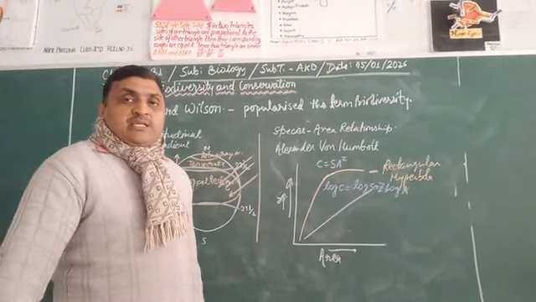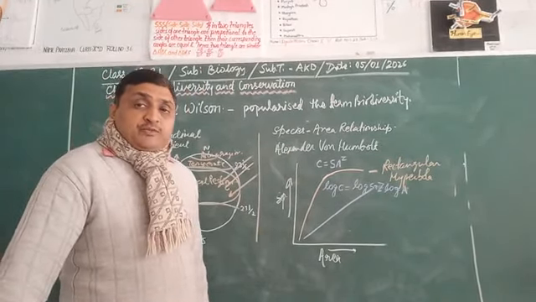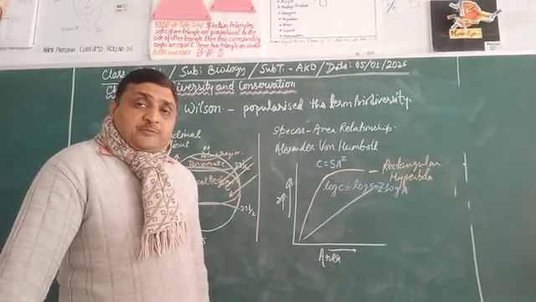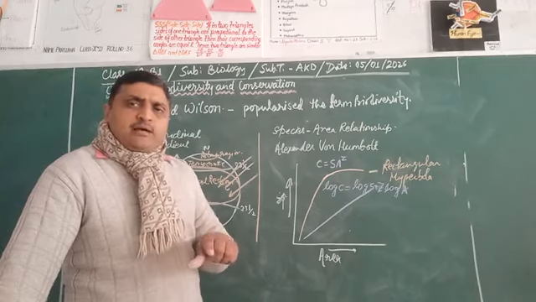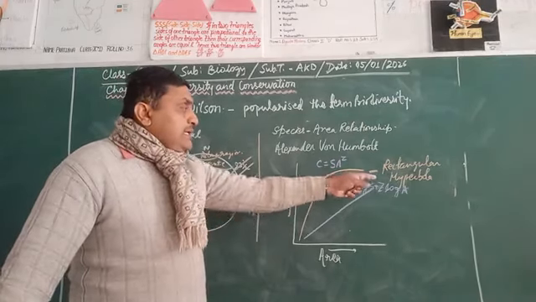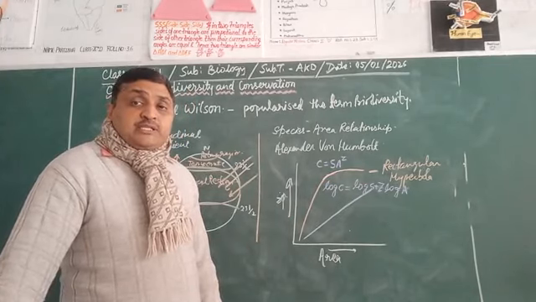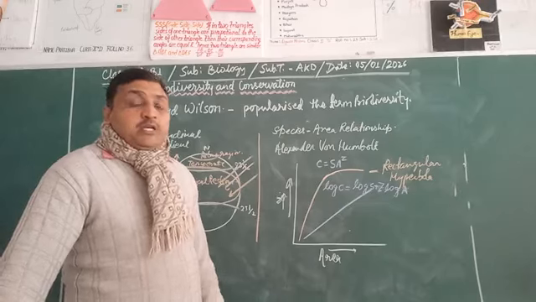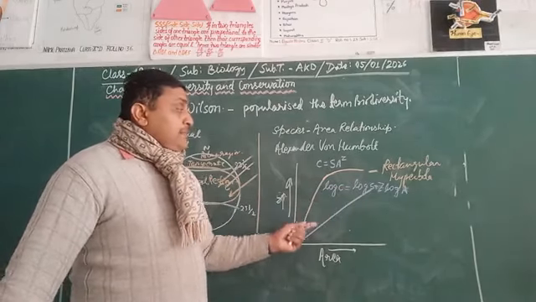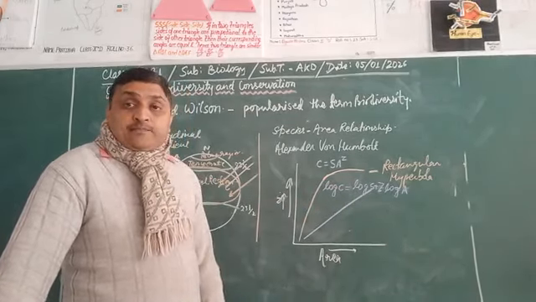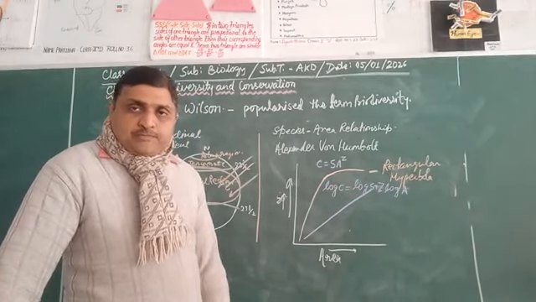If we find the species-area relationship in a short area, we will find a rectangular hyperbola graph, and if we calculate the species-area relationship in a large continent, we will find a steeper line. Means the value of Z will change.